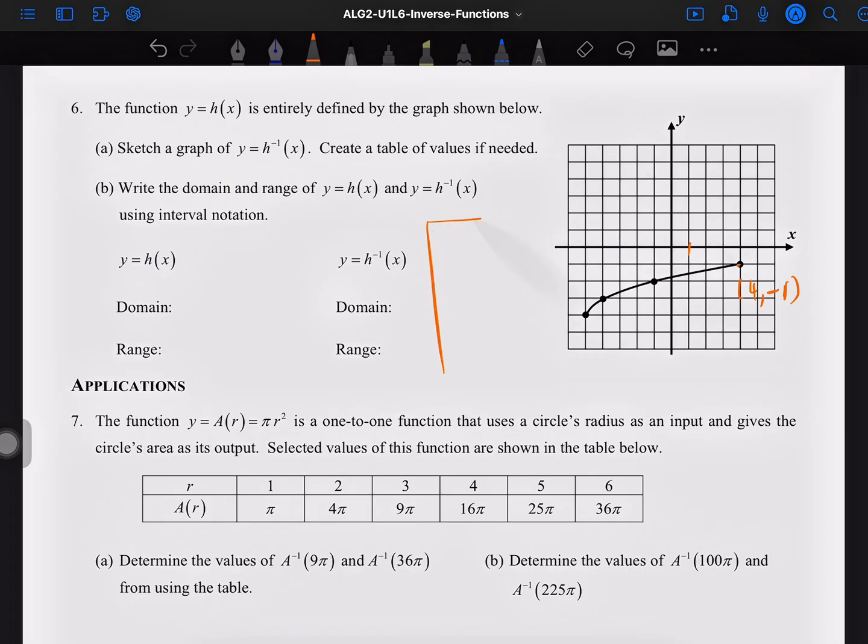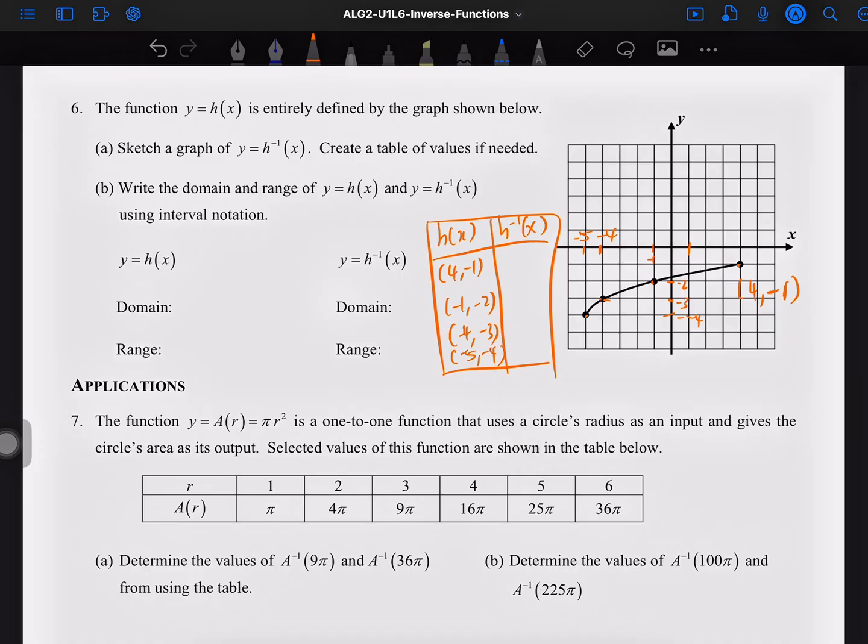You list down h(x) and then h inverse of x. For h(x): (-1, -2), (4, -1)... then (-4, -3), and the last one is (-5, -4).